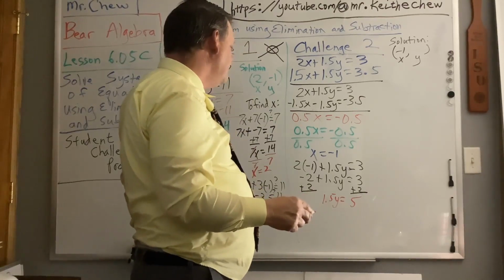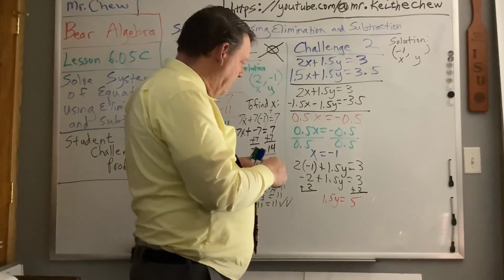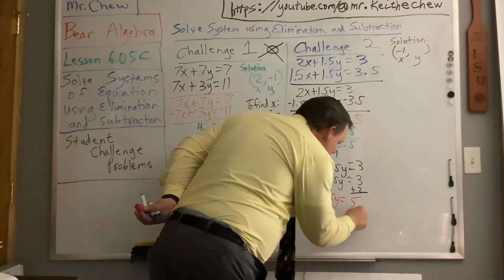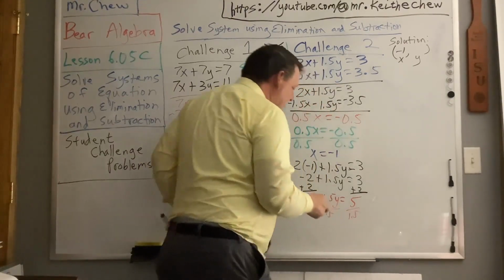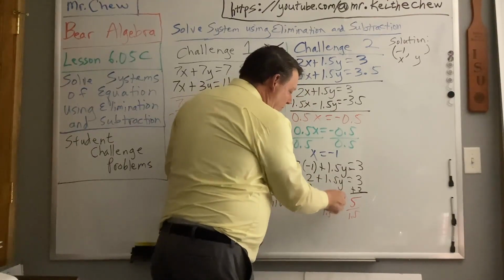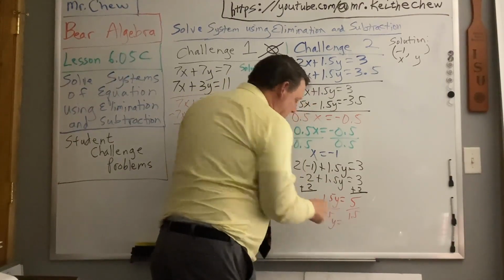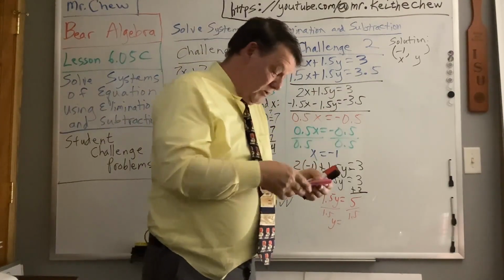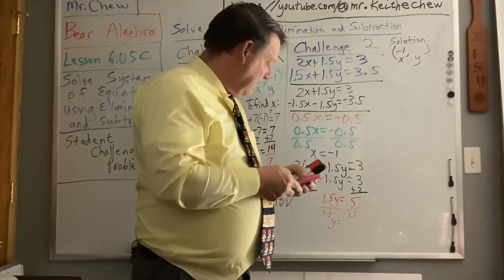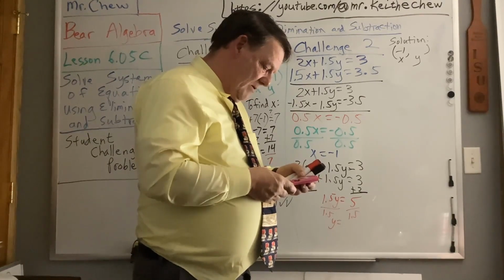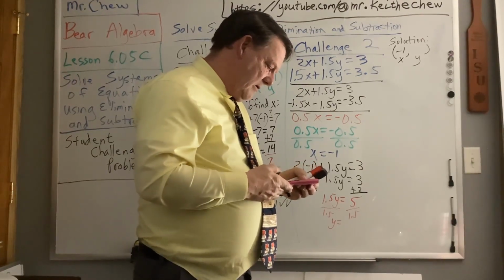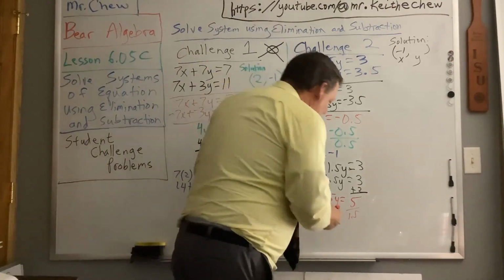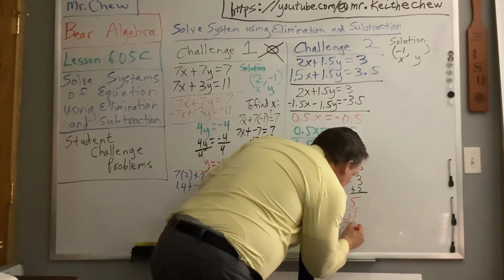Okay? So now what do? I need to just get y. So I divide by 1.5. The 1.5 over 1.5 is 1, and 1 times y is y. Now we're dividing by a decimal. I recommend that you use a calculator. 5 divided by 1.5 equals 3 1/3, or 3.3 repeating.